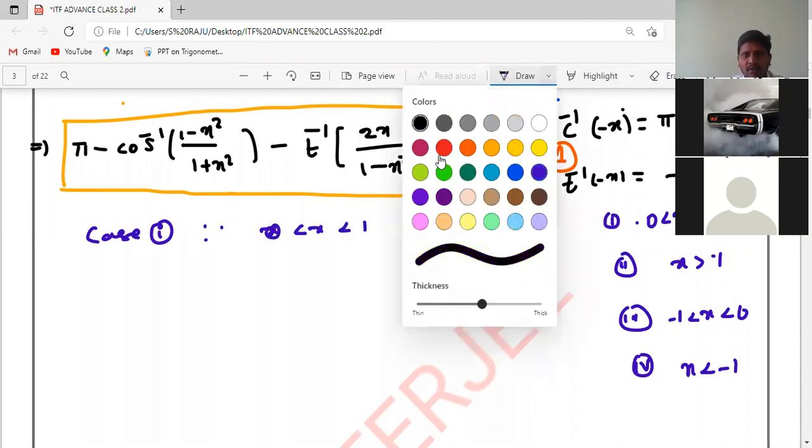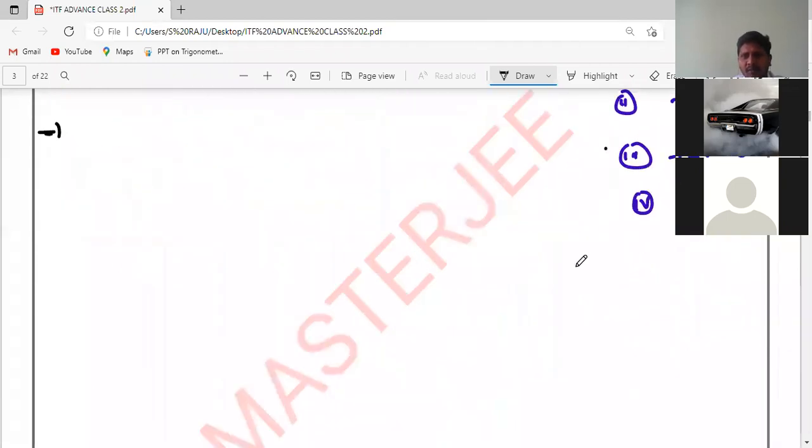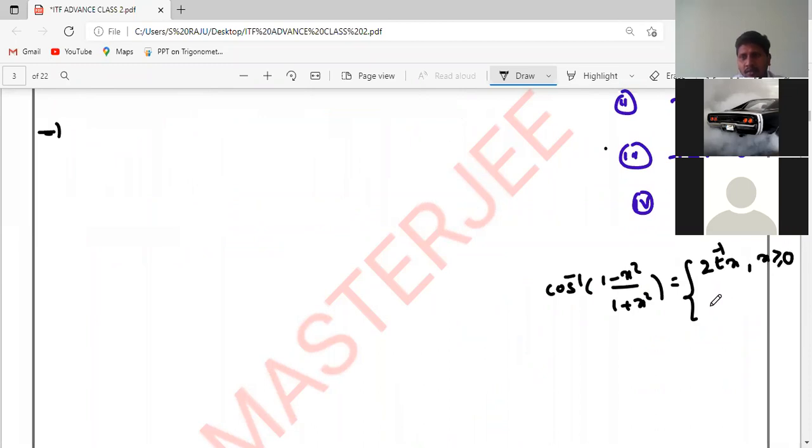Now let us see what happens to this equation in this case. Here it is positive, since we know that 2 or 3 formulas will be there. For example, cos inverse of 1 minus x square by 1 plus x square is equal to 2 tan inverse x when x is greater than or equal to 0, and minus 2 tan inverse x when x is lesser than 0. Remember these 2 conditions.